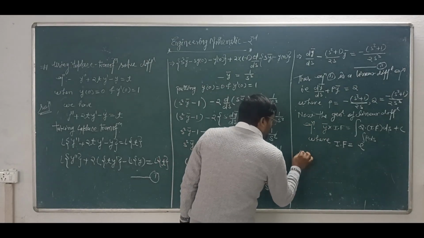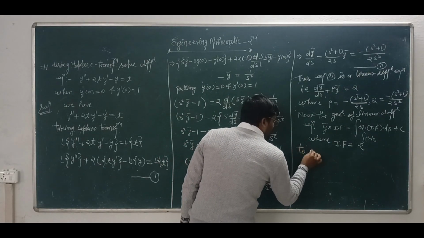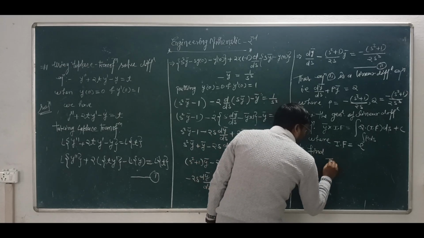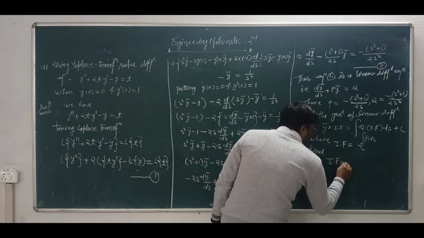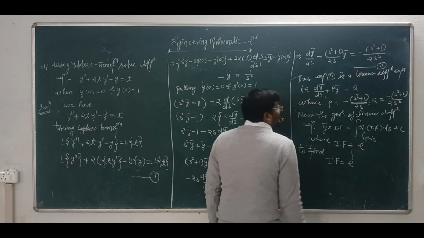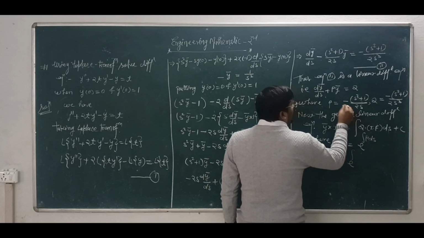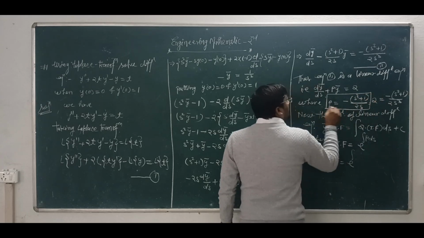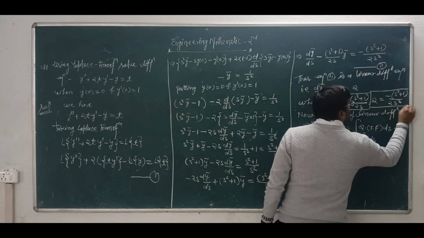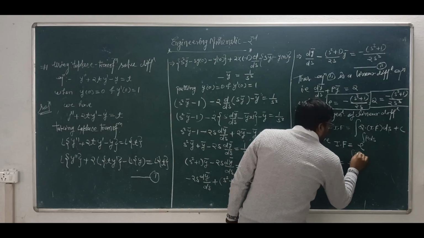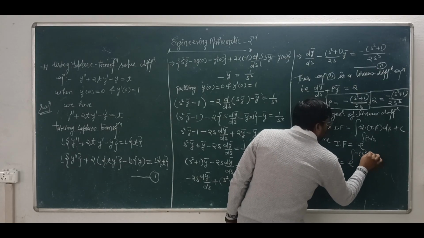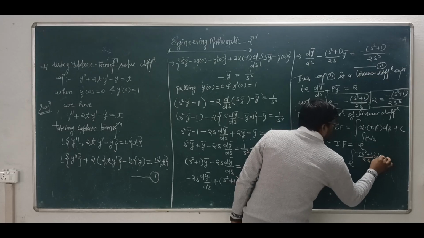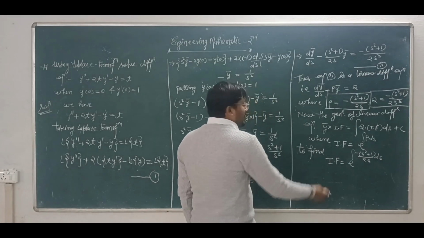Now to find IF, this means e to the power integration, putting the value of p, minus s square plus 1 upon 2s into ds. Now integrate this function.